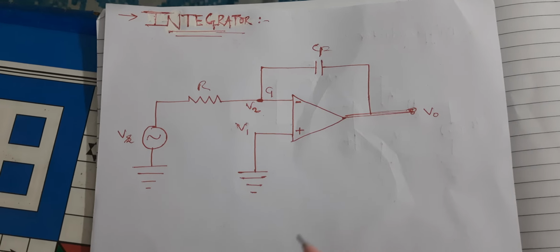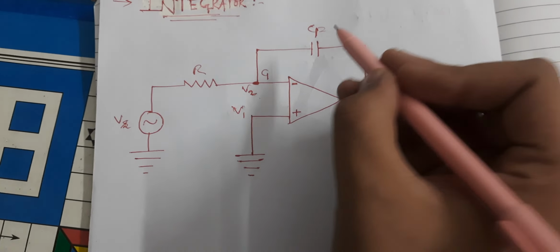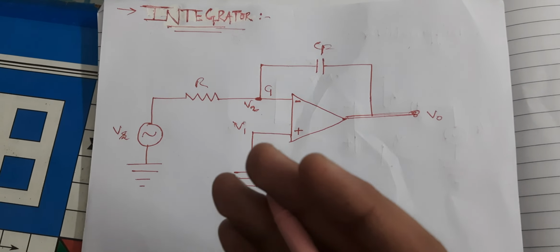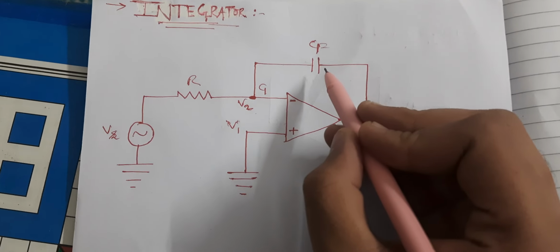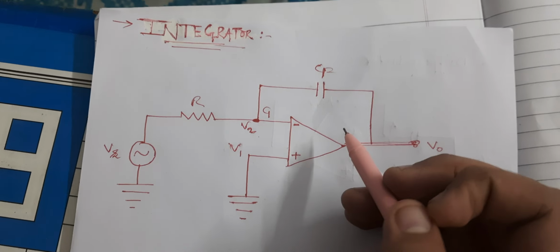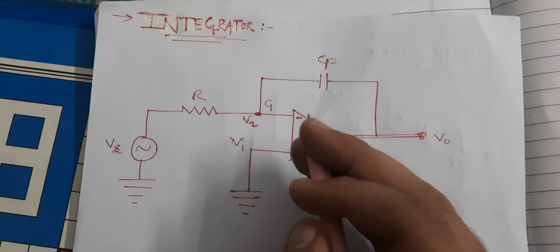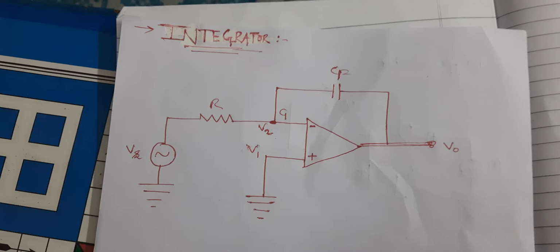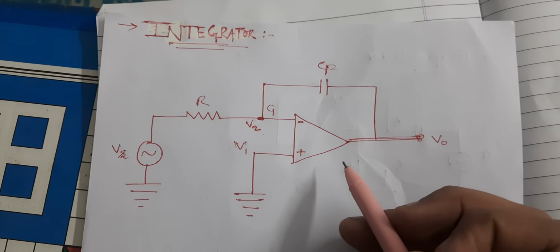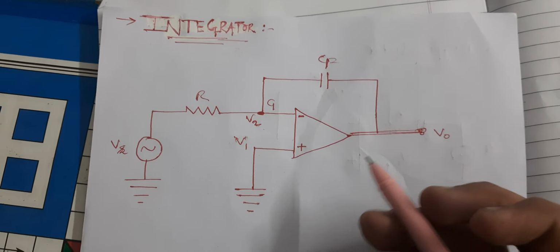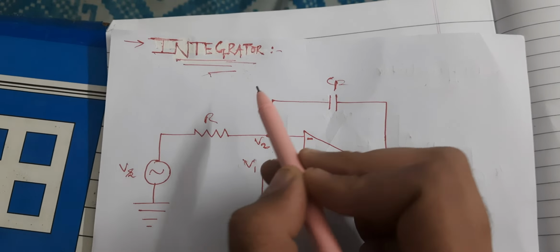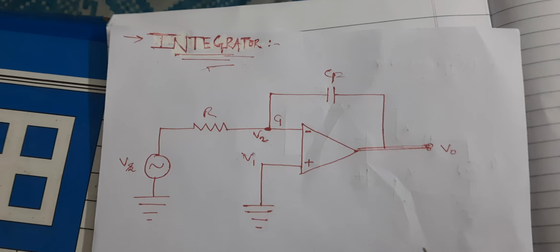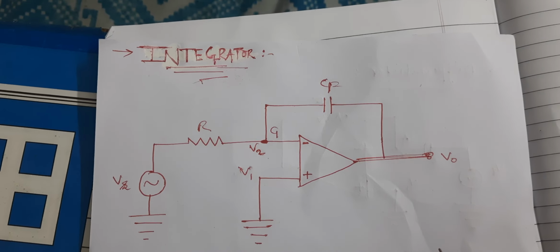In previous sections we used RF as the feedback resistor, but here we will use CF, a capacitor, in the feedback circuit. Op-amp integrators are used in sweep generators, filters, and simulation studies in analog computers.